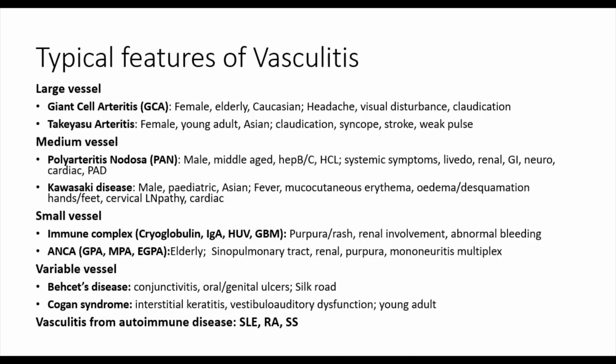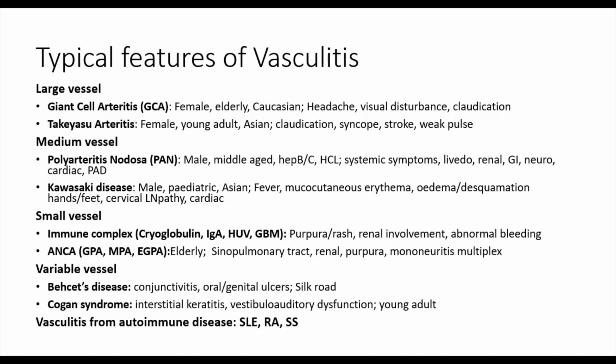GPA and EGPA can present with pulmonary infiltrates and hemorrhage, whereas MPA tends to present with just hemorrhage from capillaritis. Sinopulmonary tract involvement, particularly collapse of the nasal and sinus passage soft tissue structures, is typically a prominent feature of GPA. Apart from the clinical manifestations, these subtypes can also be distinguished using serology, namely the ANCA test.